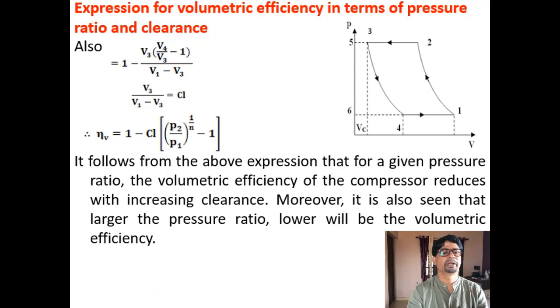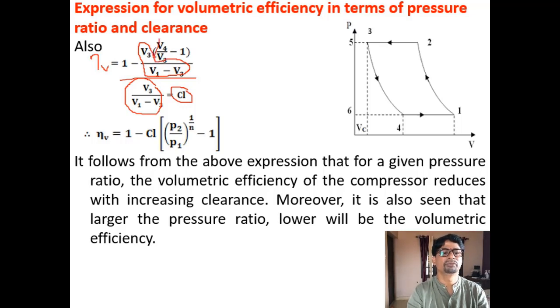Now let me write this expression again from the previous slide. The volumetric efficiency, eta V, is equal to 1 minus V3 into V4 by V3 minus 1 divided by V1 minus V3. And all of you know that V3 divided by V1 minus V3 is nothing but CL. Initially we wrote that. This part is nothing but CL.